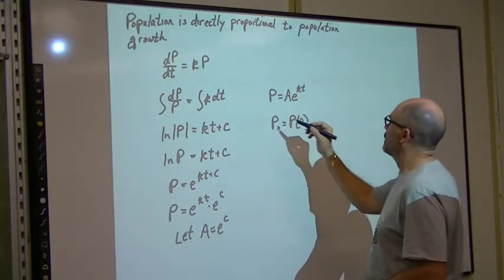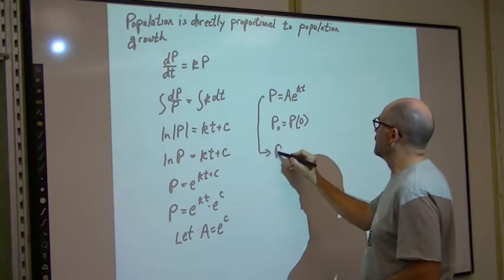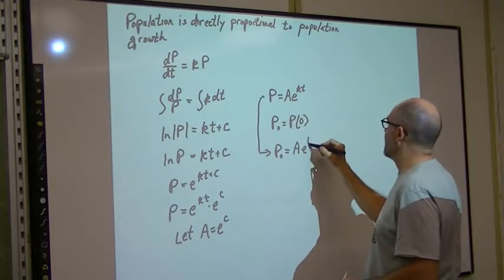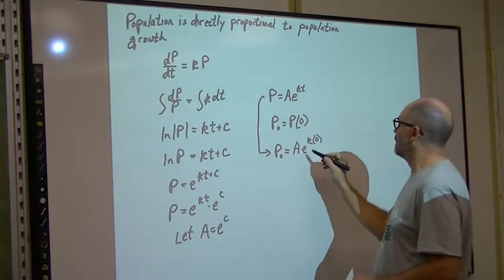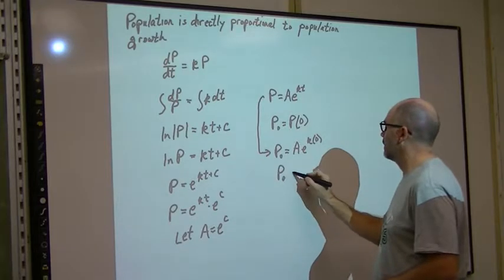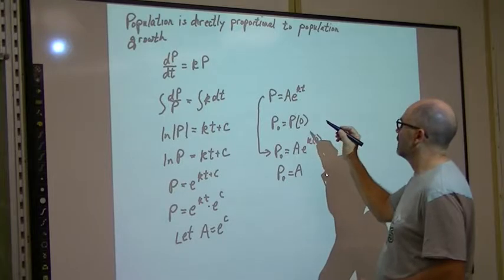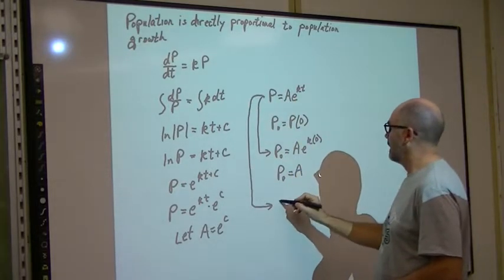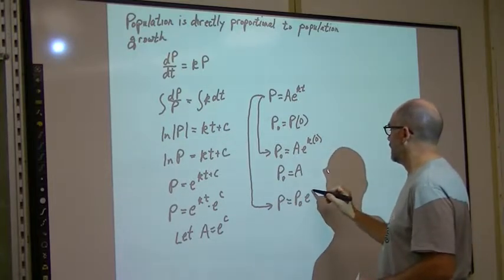So what I can do then is rewrite this and say that P sub 0 equals A e to the k times 0. That means e to the k times 0 is 1, so P sub 0 equals A. So I can rewrite this again and say that P equals P sub 0 e to the kt.